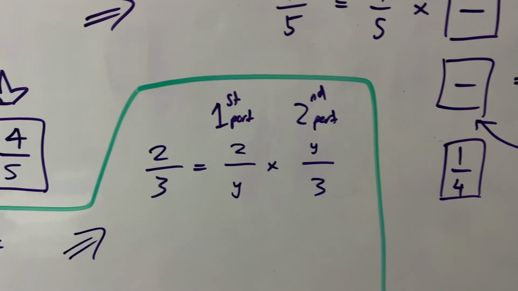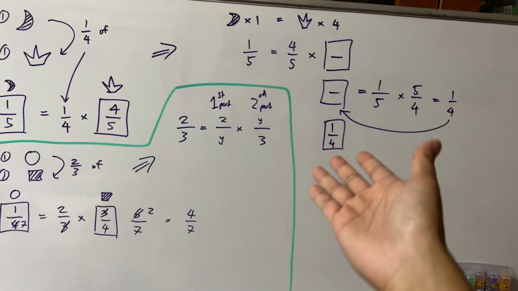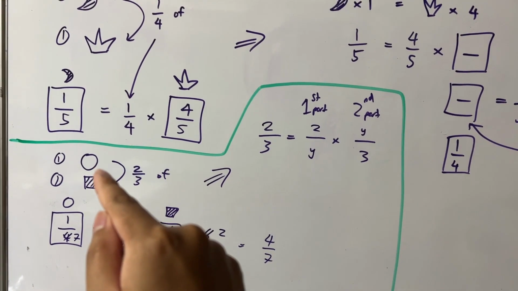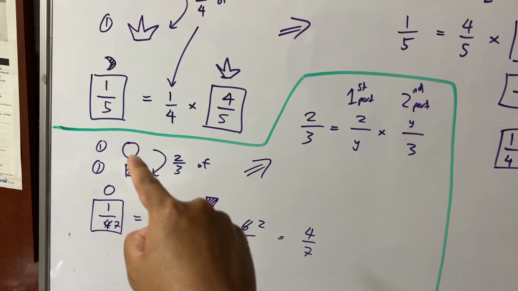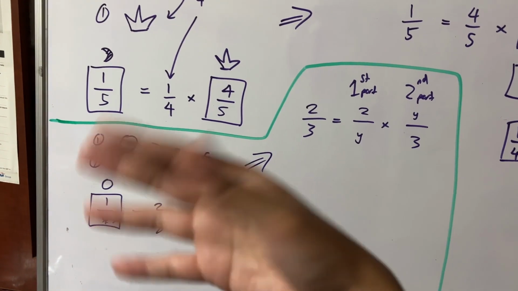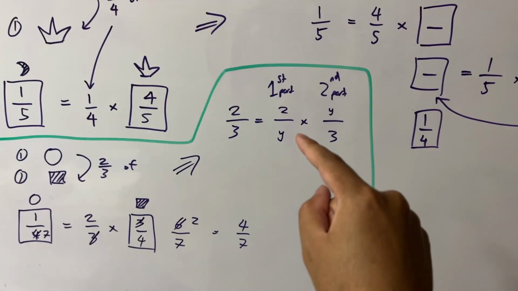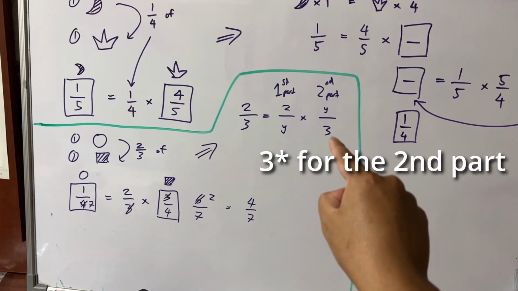So that's basically how you get the answer. So to make sure that the probability of the circle is 2/3 of the probability of the square, I just need to put 2 of the first part and 2 of the second part.